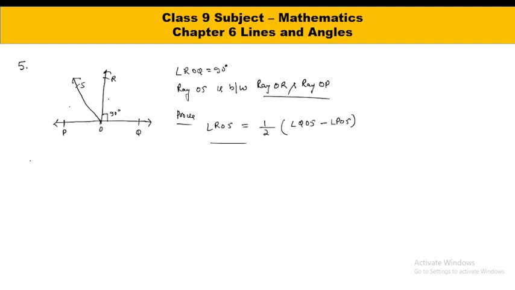So this thing we have to prove in this question. Let's see, where is QOS? This is QOS. Where is POS? This is POS. If I take angle QOS, then subtract POS and halve it, then I will get ROS. That we need to prove.